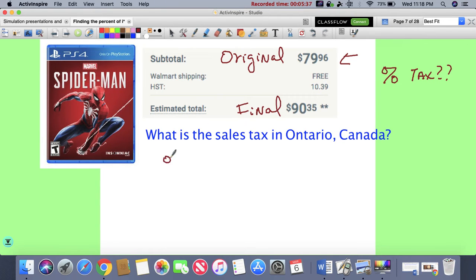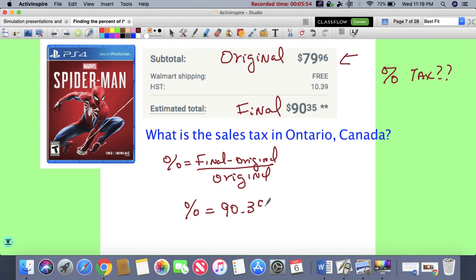So going by what we know, final minus original divided by original. So if we plug in our numbers, the final is 90.35 minus 79.96 divided by 79.96.